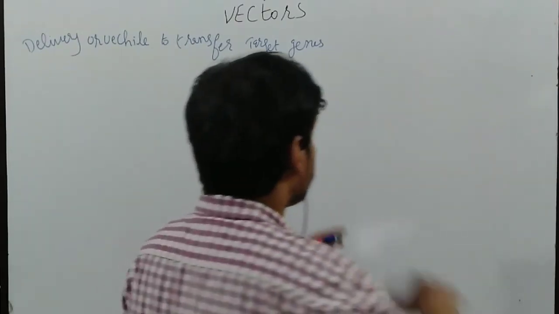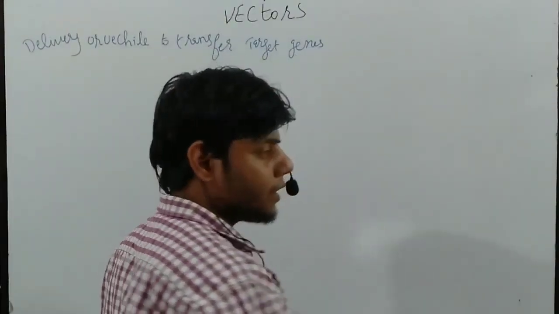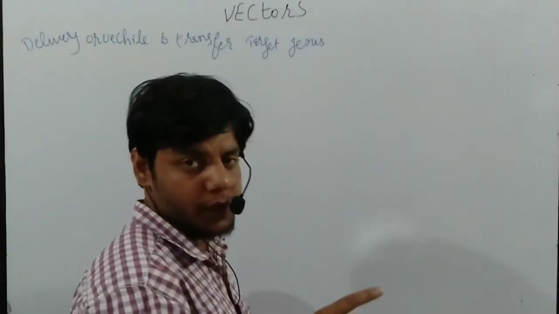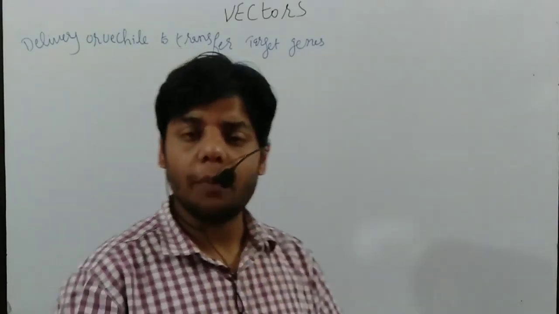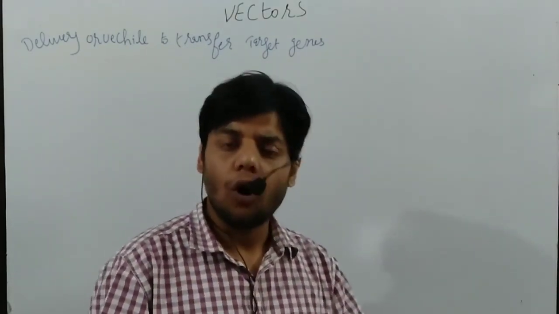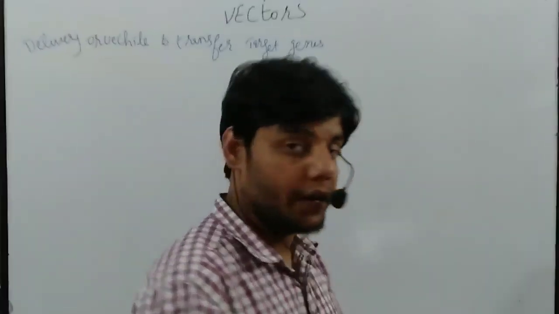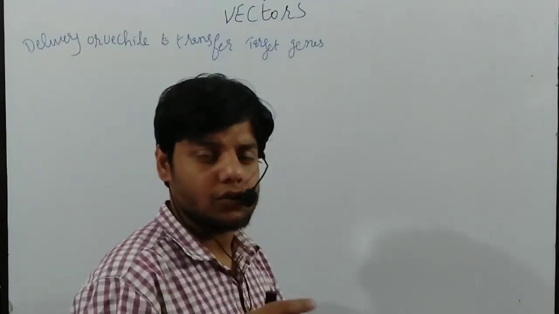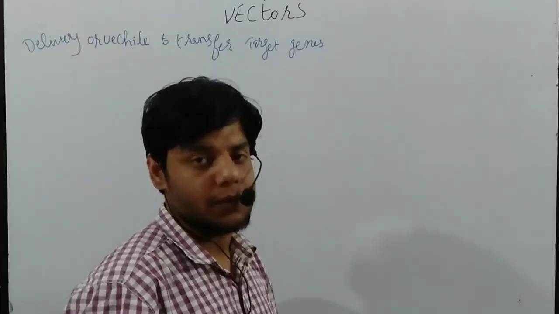But let me draw a simple diagram of a vector here. I will draw the plasmid vector, because the plasmid is a very common vector which is always used in recombinant DNA technology. Although some other vectors are also used, here I will draw the plasmid vector.